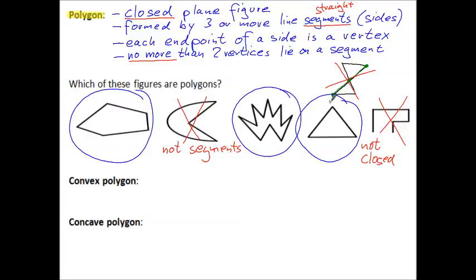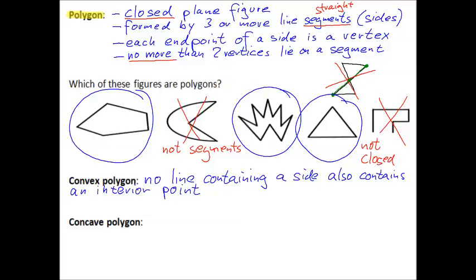But now we need to look at them a little bit more closely and differentiate between convex and concave polygons. A polygon is called convex if no line containing a side also contains an interior point.